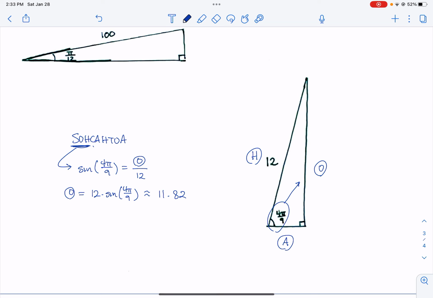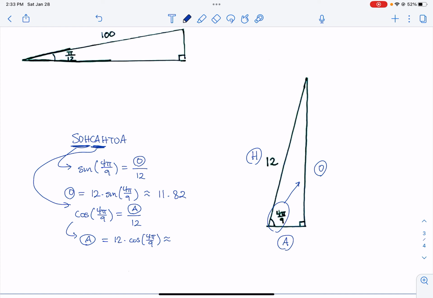Now let's go ahead and use the CAH of SOHCAHTOA. That gives me this cosine equation, right, of this angle is equal to the adjacent over the hypotenuse, which is 12. Right, so very similar here, right? This tells me that the adjacent side equals 12 times cosine of 4 pi over 9.